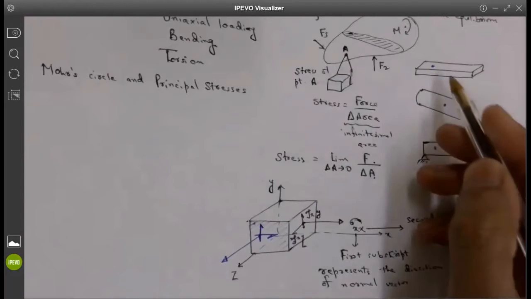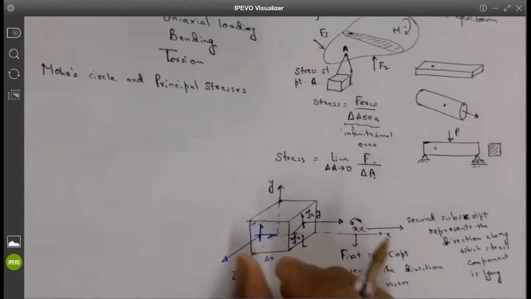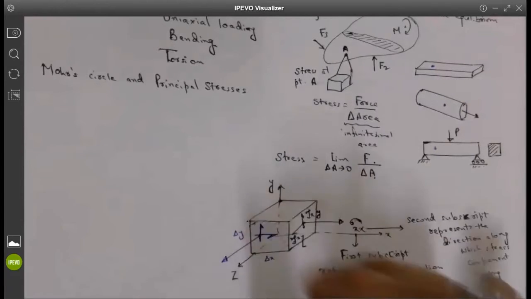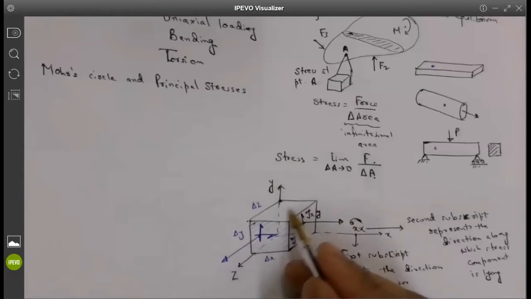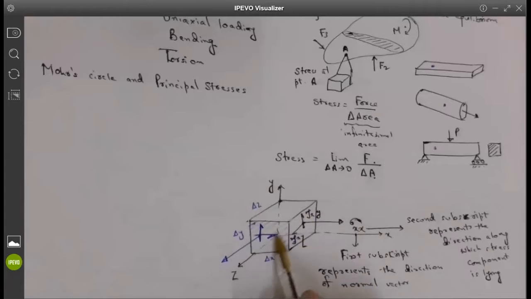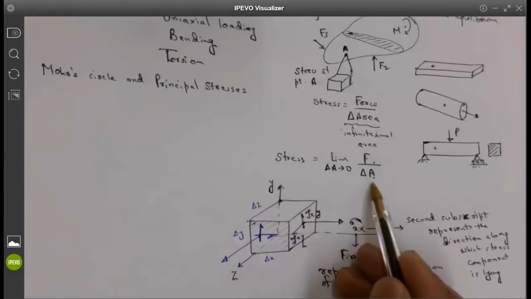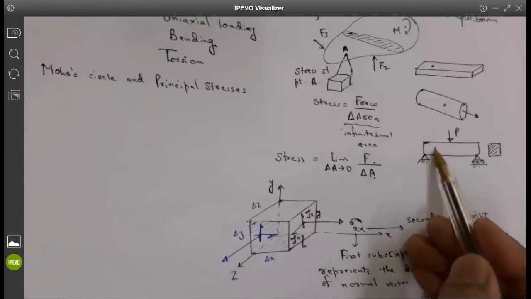It is a very, very small body with delta X dimension in the X axis, delta Y dimension in the Y axis, and delta Z dimension on the Z axis. The area of this shaded face is given by delta X times delta Y. It is a very, very small area, and this represents the stress at one point.